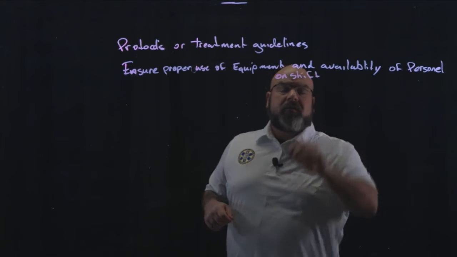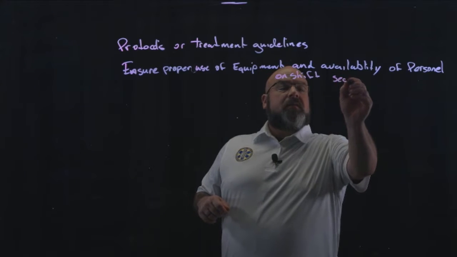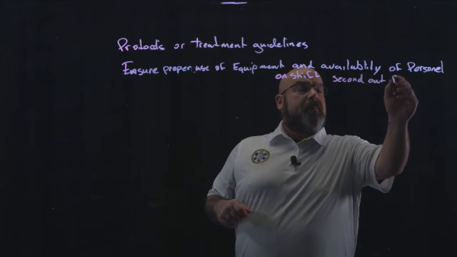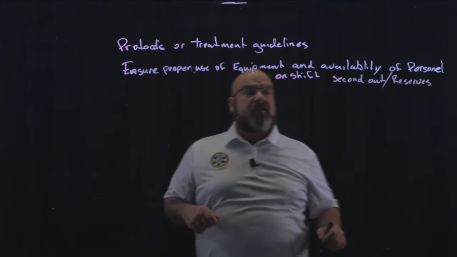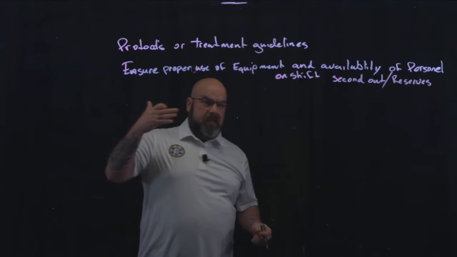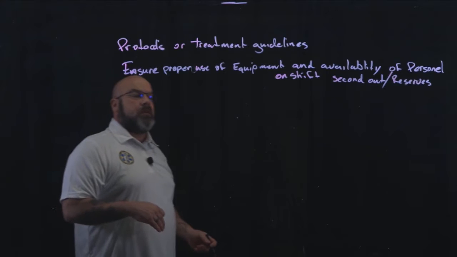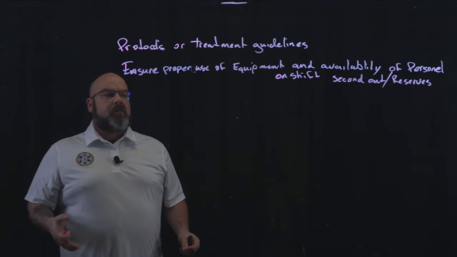Are we short? Do we have a second out or reserves at home? Volunteers waiting with pagers, listening to see if we need help or if there are more calls coming in than we can handle. Is the proper equipment on scene for the proper call?